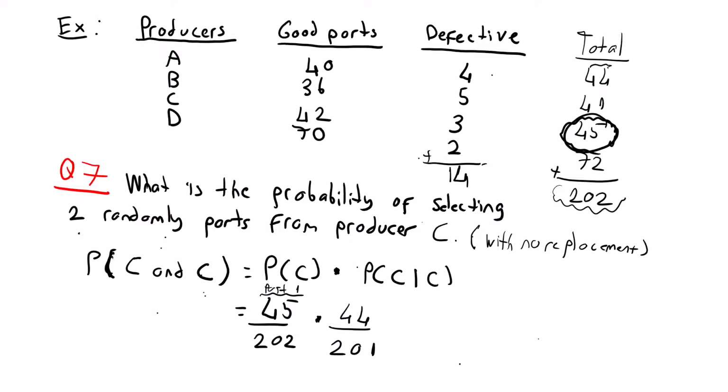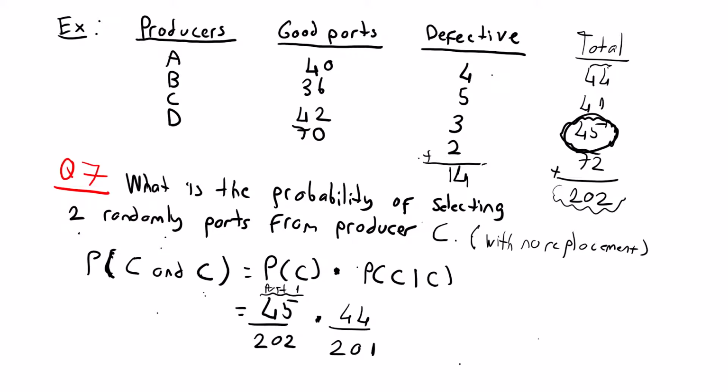So the probability of selecting a random product from producer C is 45, and the number of possible outcomes is 202. So 45 divided by 202 will give us the first part of the problem.